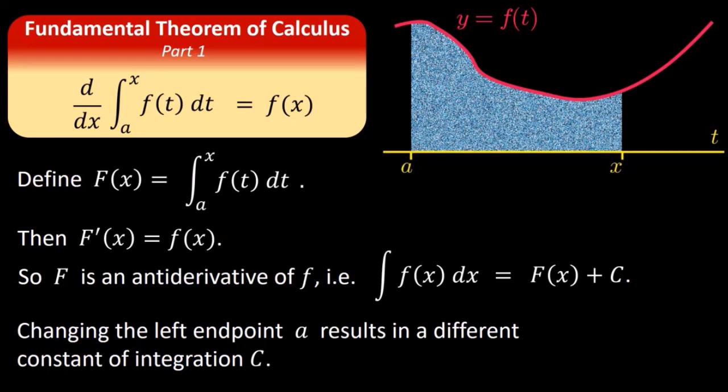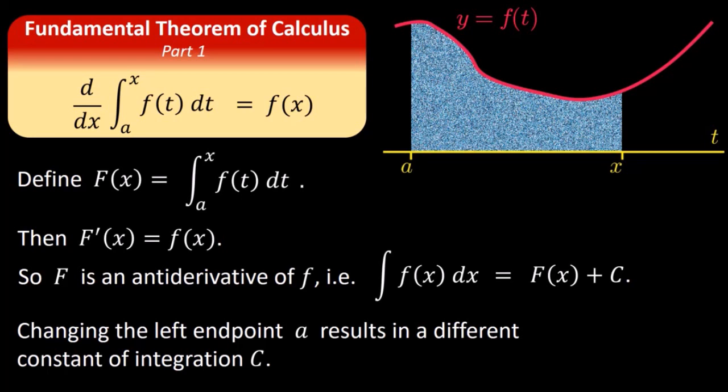But different choices of the left endpoint little a just give you different antiderivatives that vary by some constant. So it's just the constant c that changes. The constant c we call the constant of integration. So it's the constant of integration that is different depending on what starting point you choose for your integration.